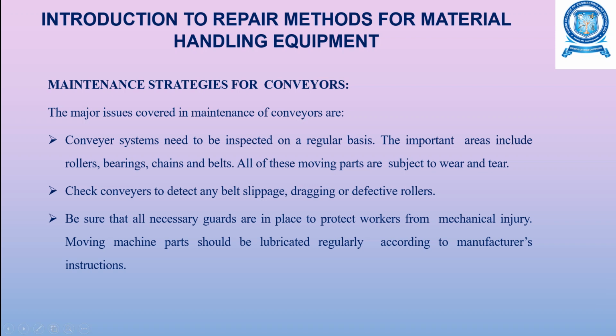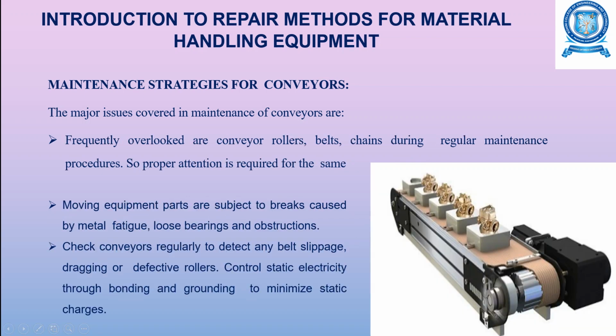And the moving machine parts should be lubricated regularly as per the manufacturer's instructions. And the major issues in maintenance of conveyors that are frequently overlooked are conveyor rollers, belts, and chains during regular maintenance procedure, and proper attention is required for the same.